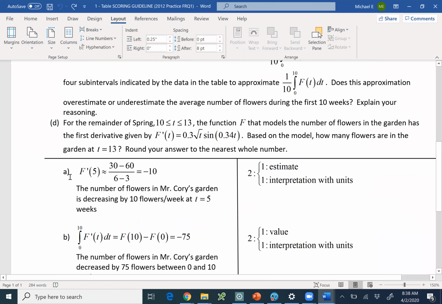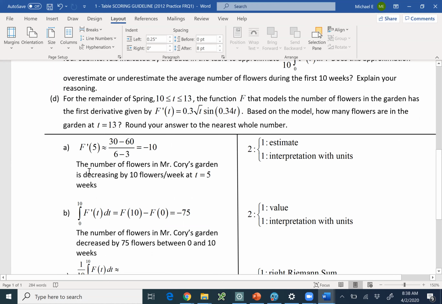And so that means that the number of flowers in Mr. Corey's garden is decreasing by 10 flowers per week. You could have also said it is changing by -10 flowers per week. But you do need those units.